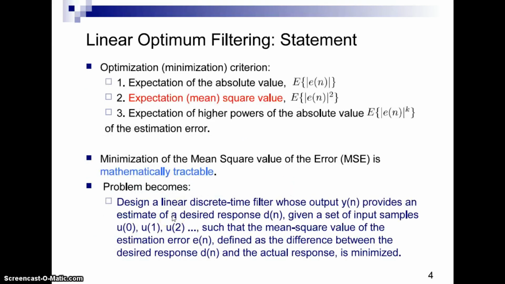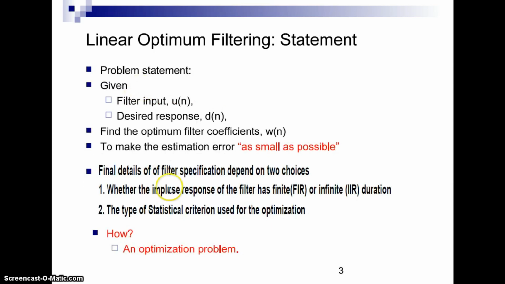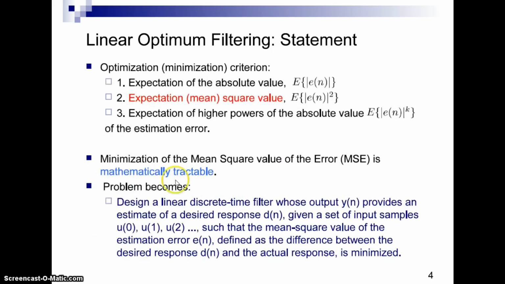Here the possibilities for the optimization criteria are listed. Three possibilities are there. We can optimize the filter design by minimizing the cost function, which may be the mean square error, and so on.